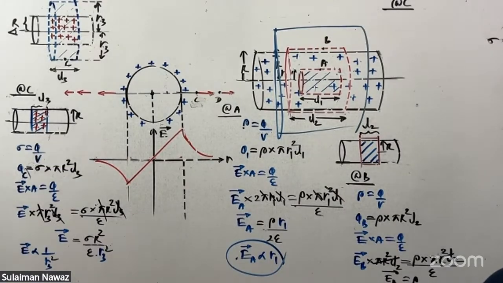Right. How do we do this? How do we find intensity at a point?